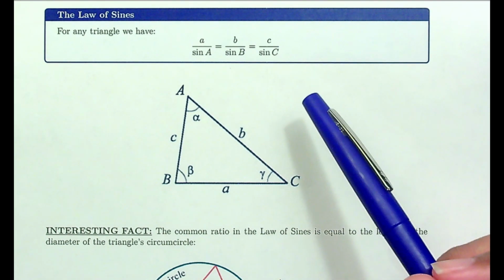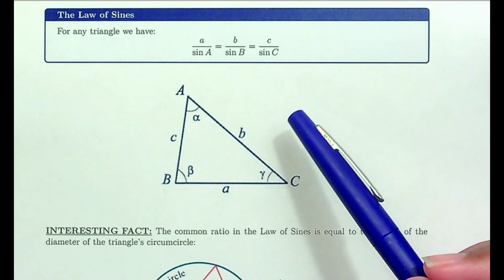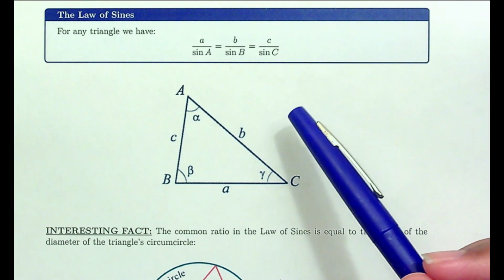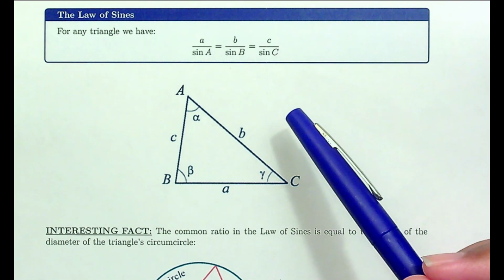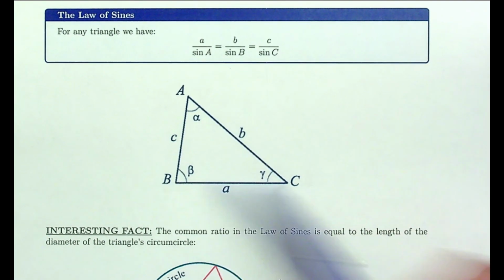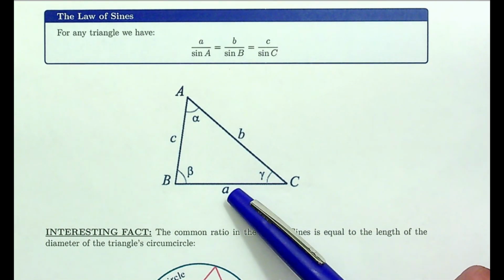Okay, but once you choose the vertices, the sides you cannot choose arbitrarily. The sides have to be exactly the same letter, but for the opposite side, the lowercase version. So the side that is opposite to angle A has to be called little a, lowercase a.